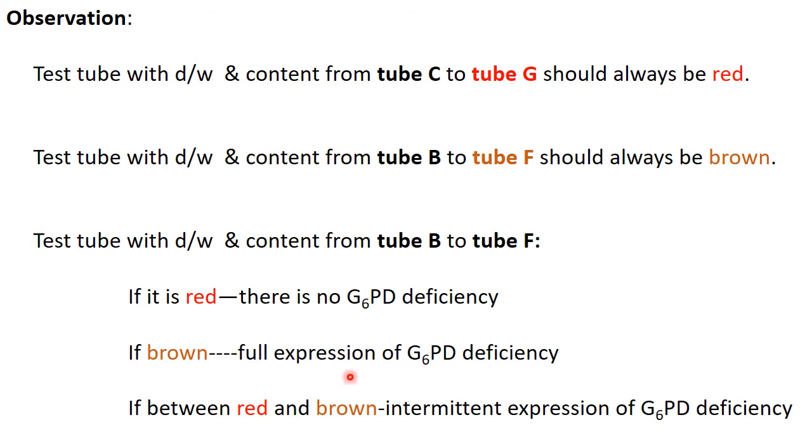If brown, full expression of G6PD deficiency. If between red and brown, intermediate expression of G6PD deficiency is seen. This is about methemoglobin reduction test.